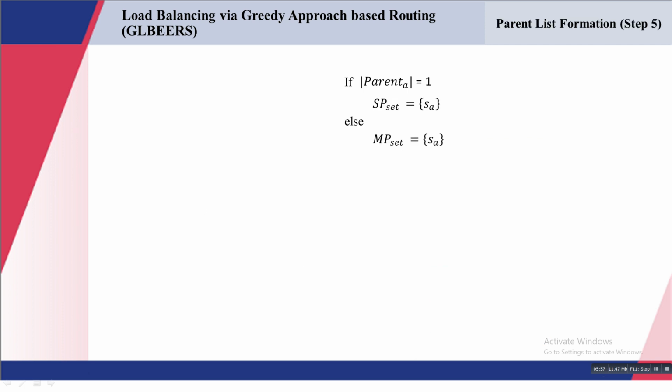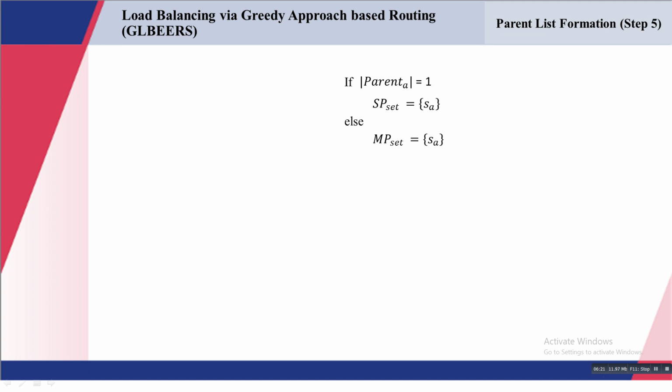So on the basis of this particular candidate list, that is the parent list, if the cardinality of the parent list is equal to 1, then that node will lie in the single parent list; otherwise it will lie in the multiple parent list.